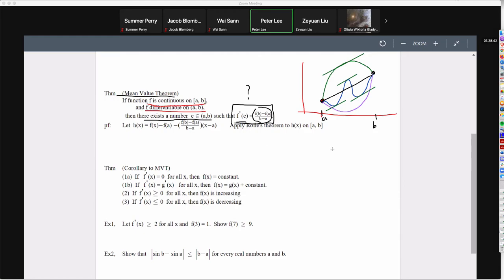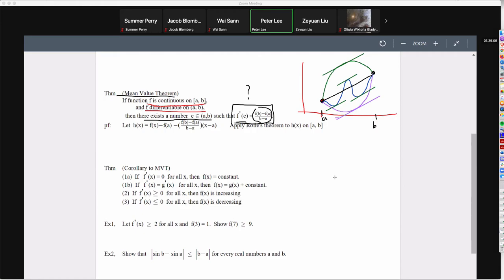And now if you have a purple curve, we also have a tangent line which is parallel to the line connecting the endpoints. So we have that right there. That's what it's saying. No matter what the curve is, the mean value theorem says that there is a tangent line somewhere in the middle which is parallel to the line connecting the 2 endpoints.